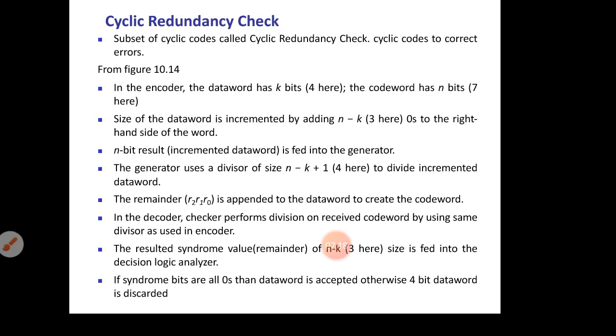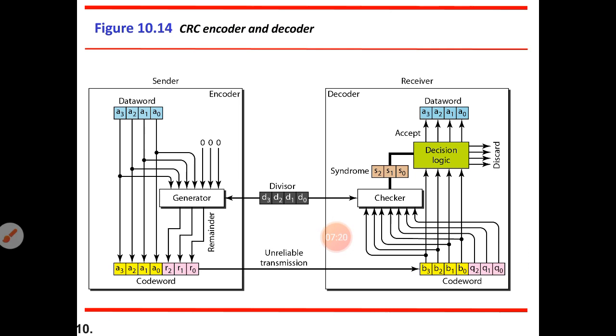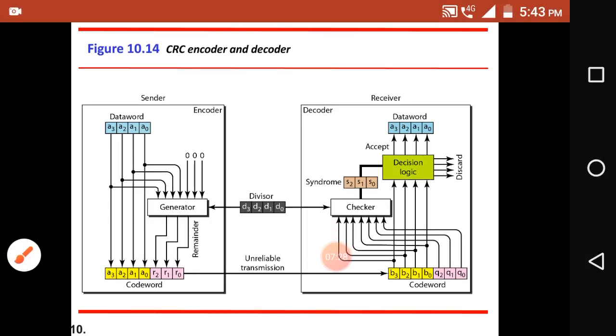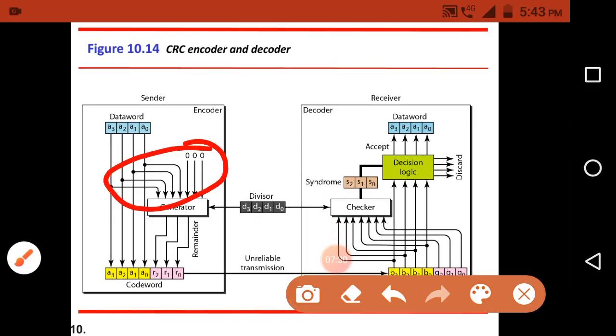The generator will select the divisor to divide the incremented data word.